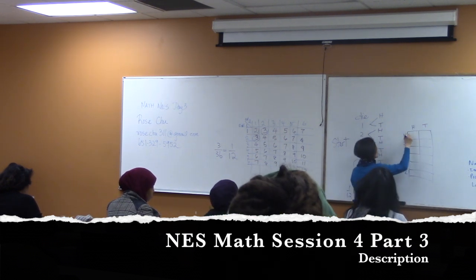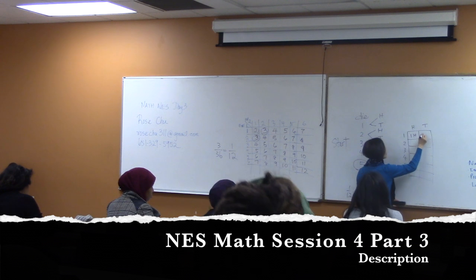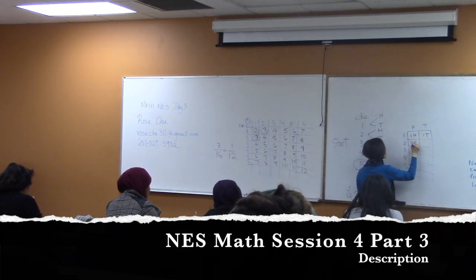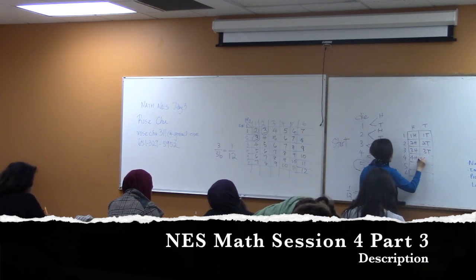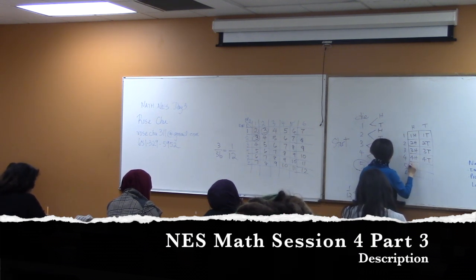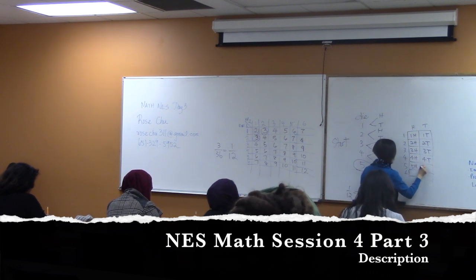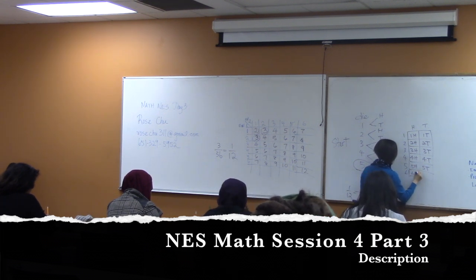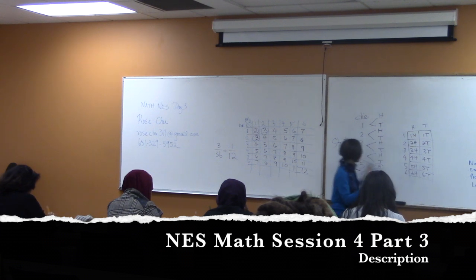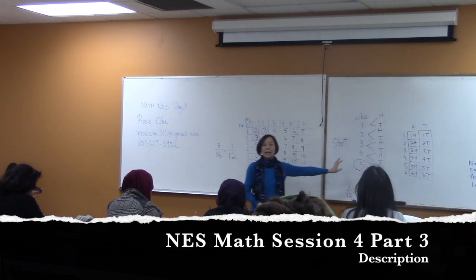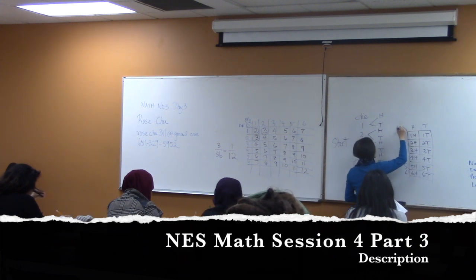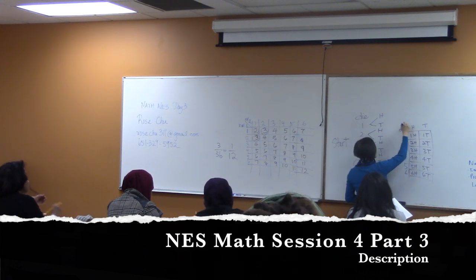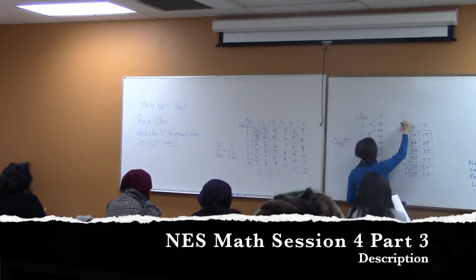So the possibilities are 1 head, 1 tail, 2 heads, 2 tail, 3 heads, 3 tail. Those are exactly the same way of looking at the same problem, right? I have a die on one side, and then I have a coin on the other side.